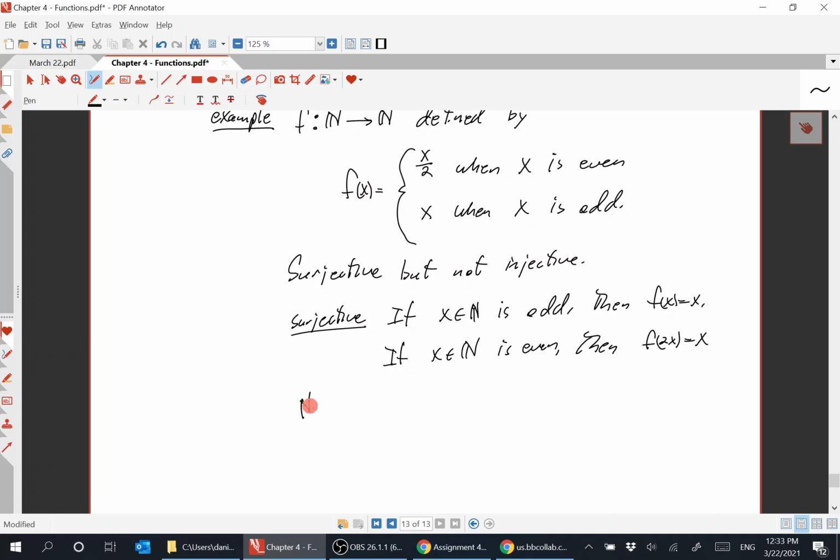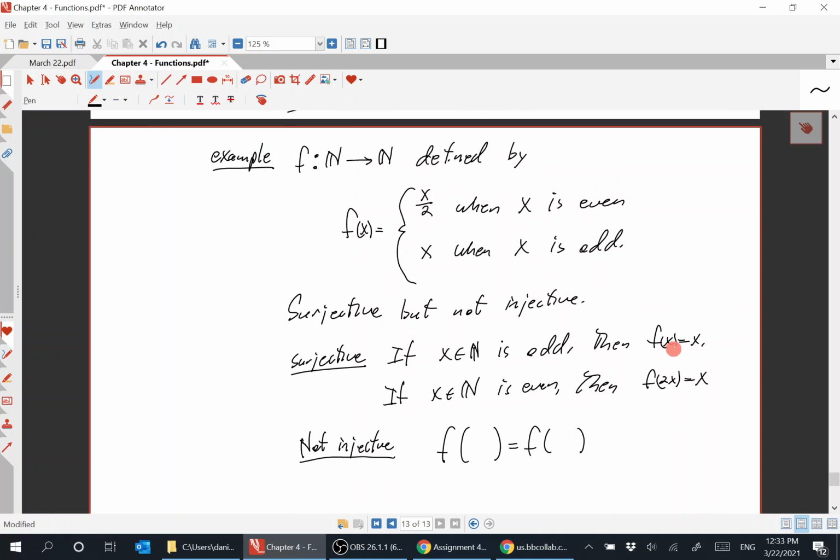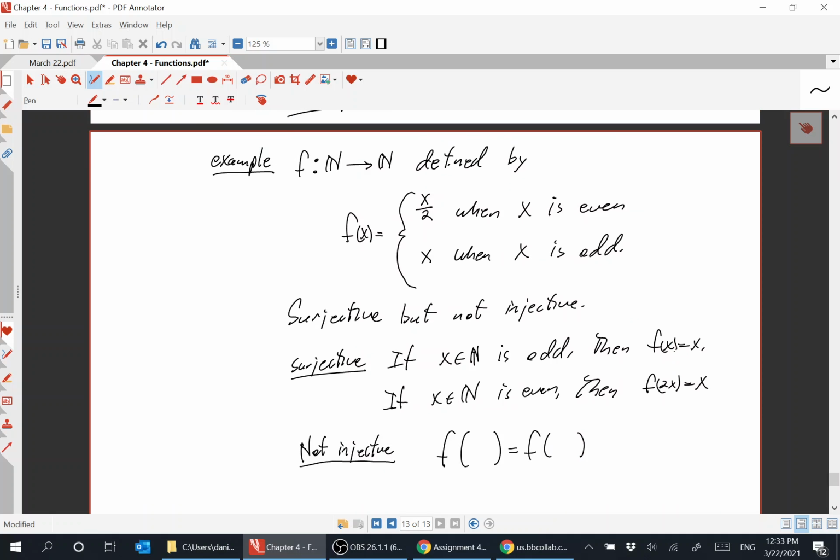Not injective. Give me two numbers whose images are equal. Right, f of what is equal to f of what for different numbers. What's f of 6, according to this definition here?